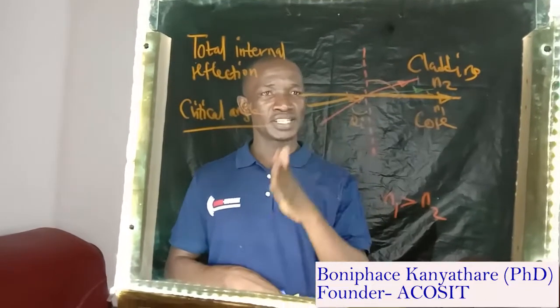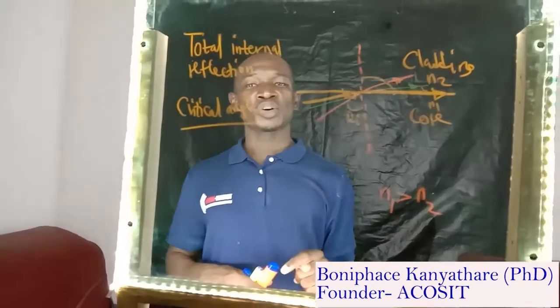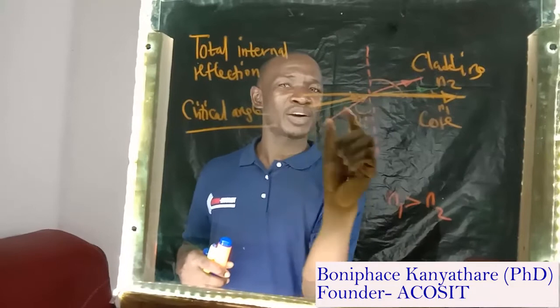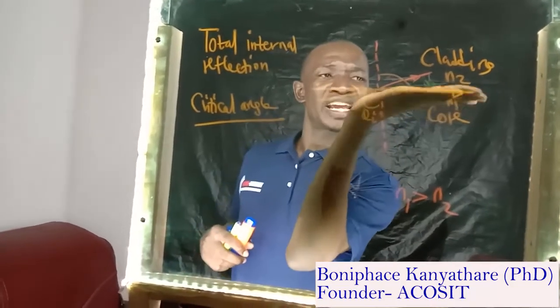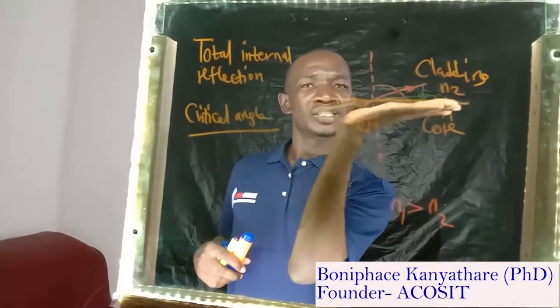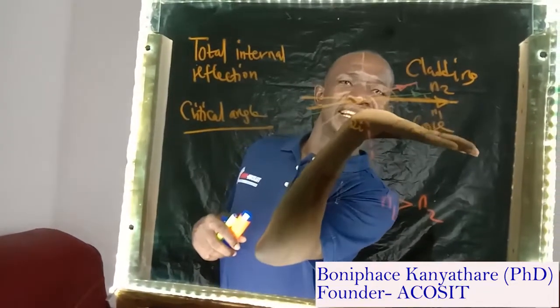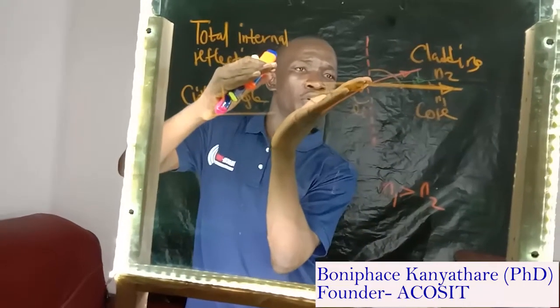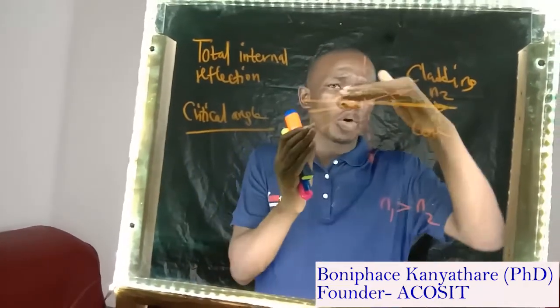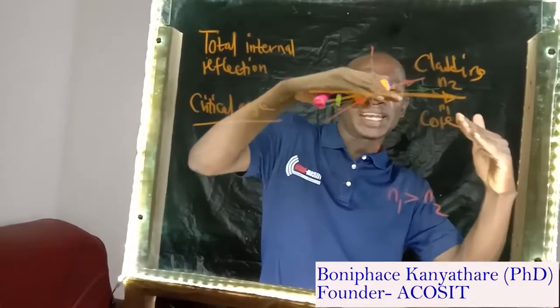And as you can see, if we make the incident angle go something above critical angle, it means our ray that is refracted is going to come back inside the core. Because as we increase the angle above critical angle, the refracted ray keeps bending and bending.